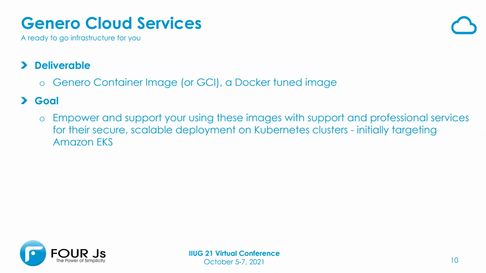We call it a GCI, which is a Docker image, and it will help you if you have the project of deploying using Kubernetes, into Amazon Web Services, to help you deploy Genero images to it, and help you with the professional services, with the product and with our expertise, to deploy secure and scalable deployments in the cloud.